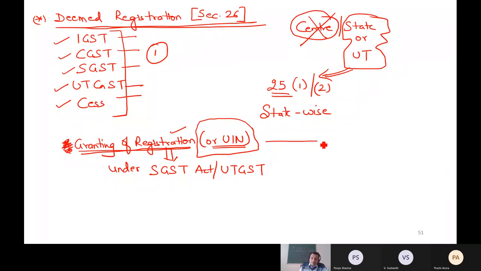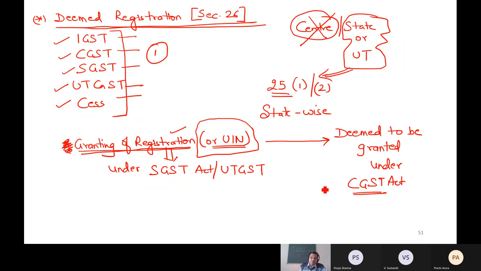Now this grant will be deemed to be, by default, granted under the CGST Act also. So you don't need a separate registration number. Whatever registration certificate is granted by the state or union territory, as the case may be, is by default treated as granted for the purpose of central tax also. This is my first point in section 26.